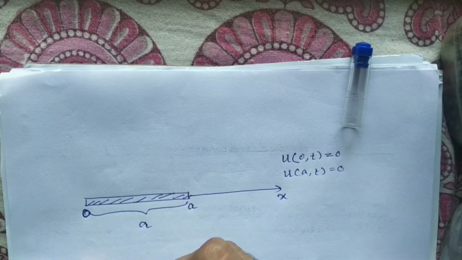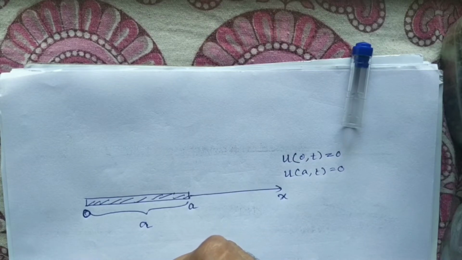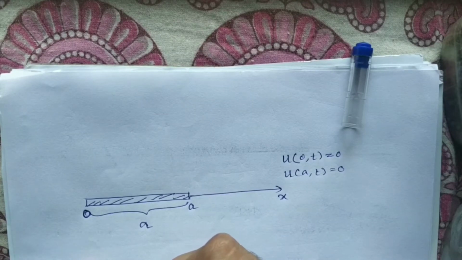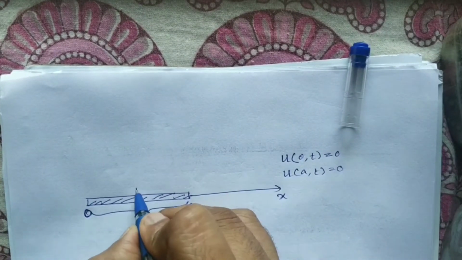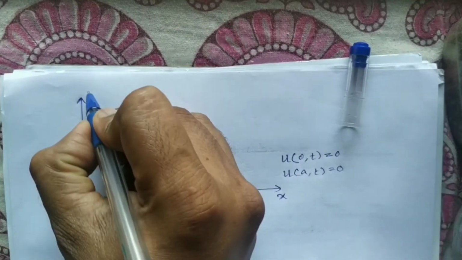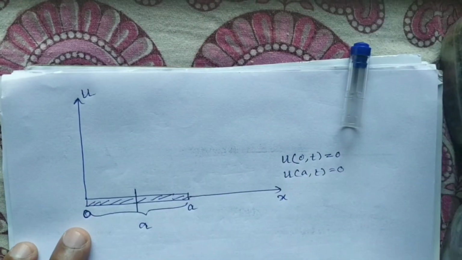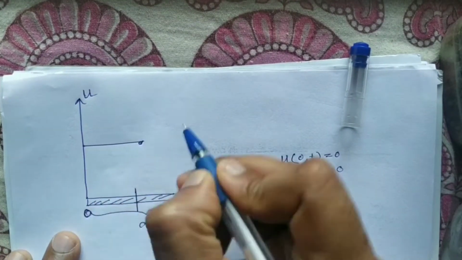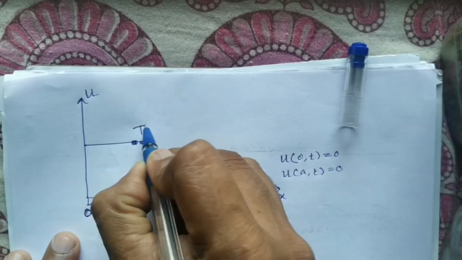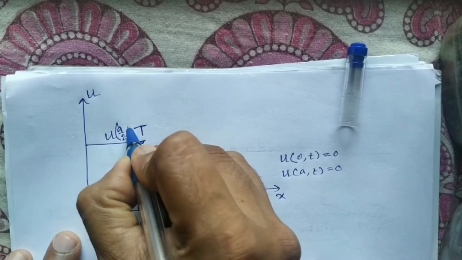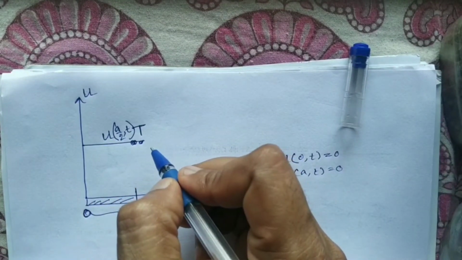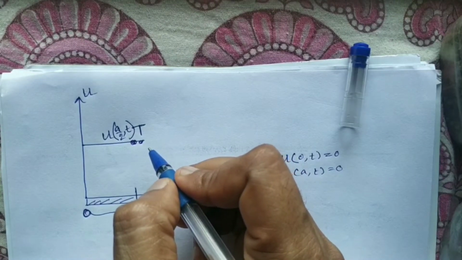So the problem, again coming back to the problem: a homogeneous rod of conducting material of length a has its ends kept at 0 temperature. The temperature at the center is capital T. If we plot the temperature in this direction, then at x = a/2 the temperature is capital T and it falls uniformly to 0 at the two ends.